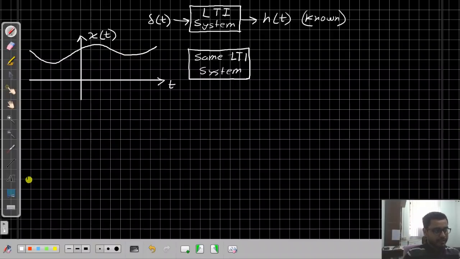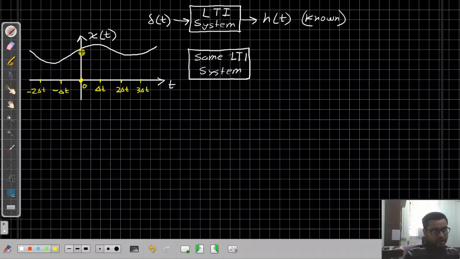So what I shall do, let me chop the time axis into small slices like 0, delta t, 2 delta t, 3 delta t, here minus delta t, minus 2 delta t, and so on.